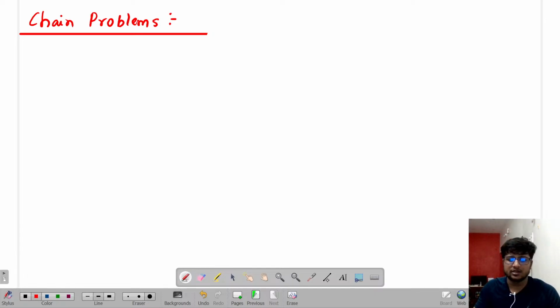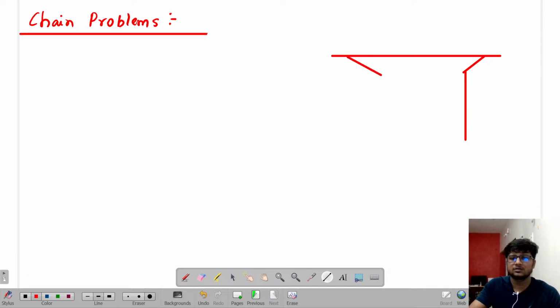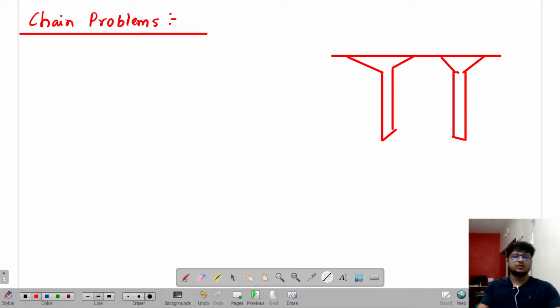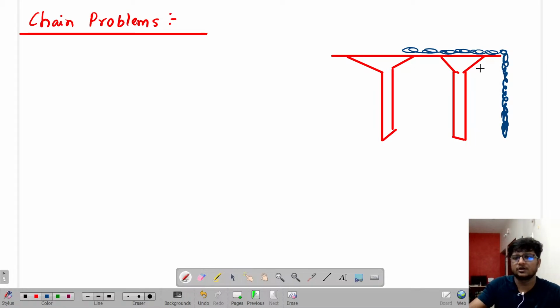What we are doing is taking one table, and on this table we are placing one chain, which is hanging this way, right or not?